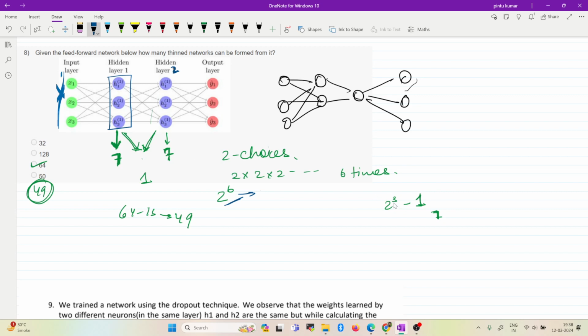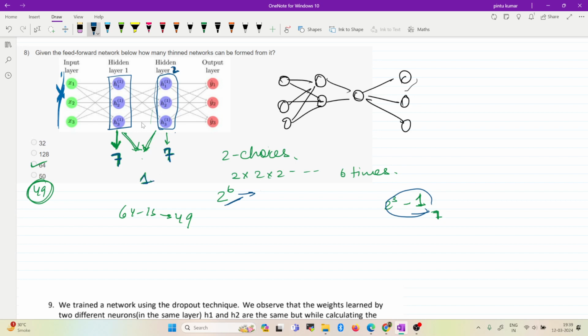It can have 2 to the power 3 minus 1 options, where all the nodes are dropped in hidden layer 1, but some nodes are present in hidden layer 2. That's why I wrote 7 over here. Similarly, the other way around, when I have dropped all the nodes in hidden layer 2, keeping at least one node in hidden layer 1, that option is also not possible. So 7 from here also.